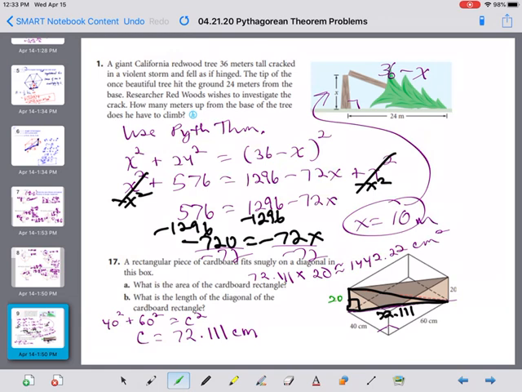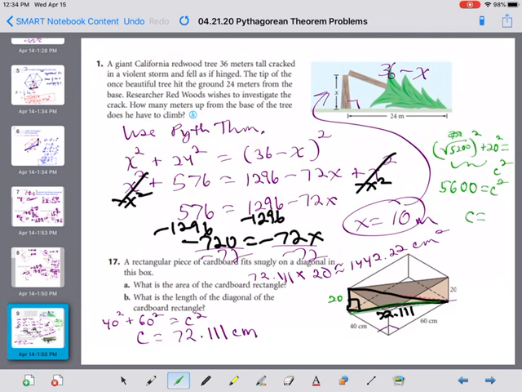I'm going to do that up here on the side. So we have 72. Well, it's square root of 5,200 squared. That's this, square root of 5,200. Plus 20 squared equals c squared. So that's 5,200 plus 400 is 5,600.